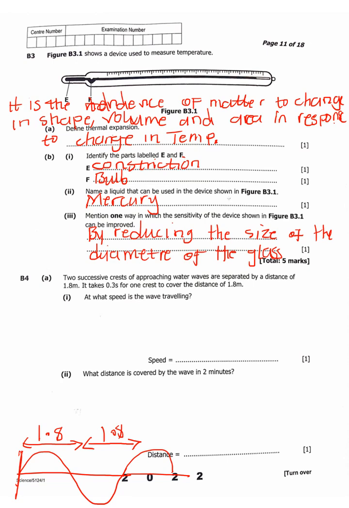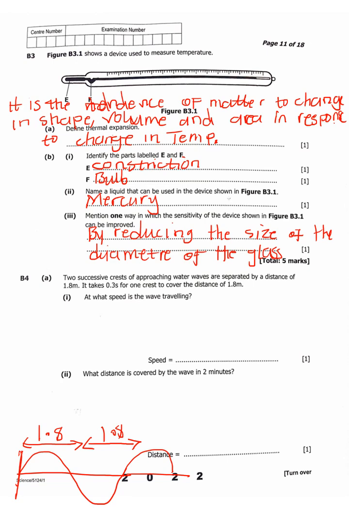So two crests are making one wave. Then from there, each crest is also covering a time of 0.3 seconds. So for two crests, we are expecting to cover 0.6. So we just add the 0.3 to another 0.3.